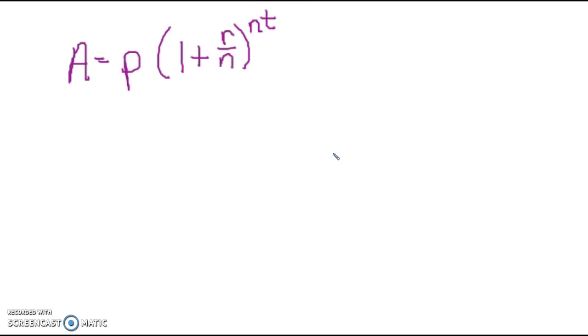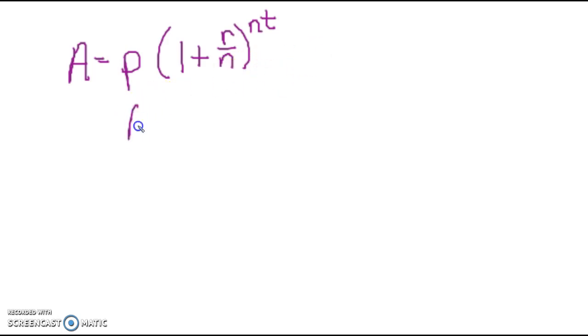This one is a little bit different because we are going to divide our rate by a number of times. The N is going to stand for the number of times per year we're going to compound the interest. What we were doing before, we were only compounding our interest once a year.